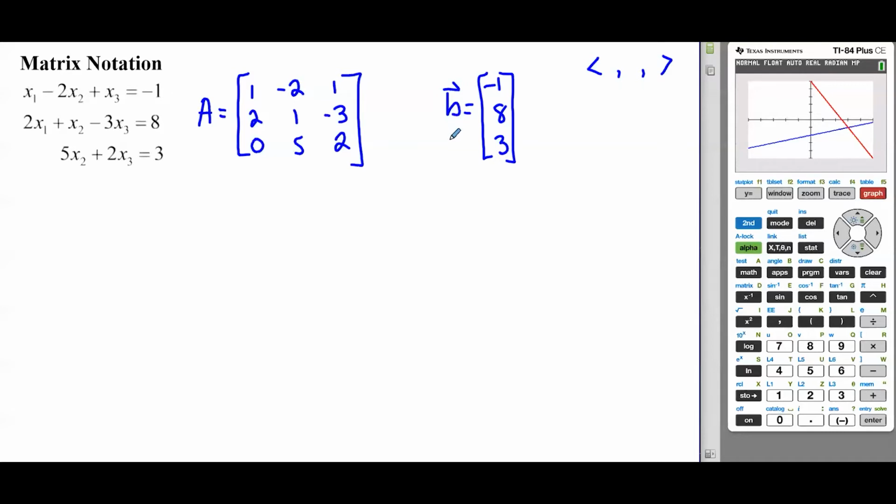Okay, so next thing we're going to do is form what's called the augmented matrix.